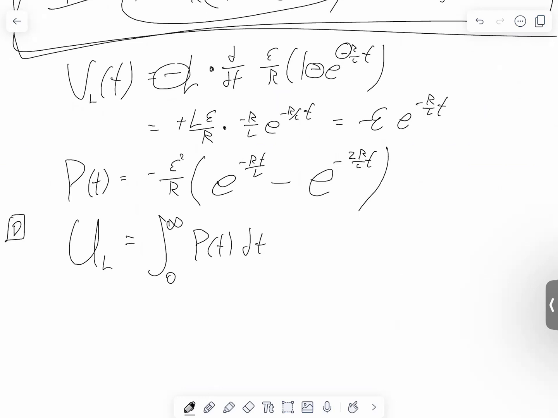What's a negative power, Carlos? 1 over e to the infinity goes to infinity. What's a 1 over infinity? Yeah, I want to find how much total energy is stored in the inductor. E is 0. What? Oh, I was thinking scripting.